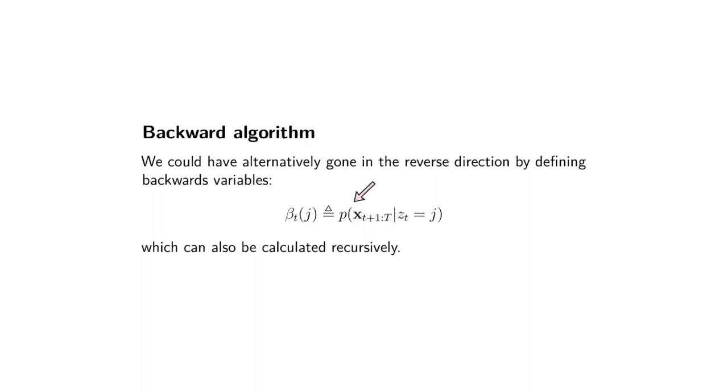This is the observed sequence from the next time step onwards up to the end. And this is the state in the current time step that I'm in, J. And the reason we need the betas is for learning. Okay, so we will see in a second that we actually need the betas when we're going to learn the parameters. But the steps are exactly the same as for the alphas. The only big difference is that you're going in the reverse direction.